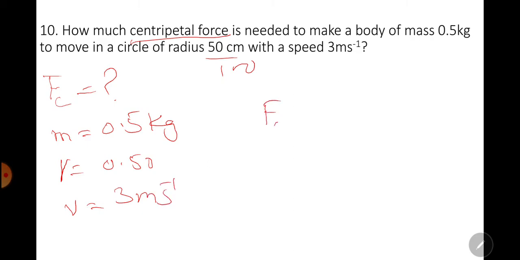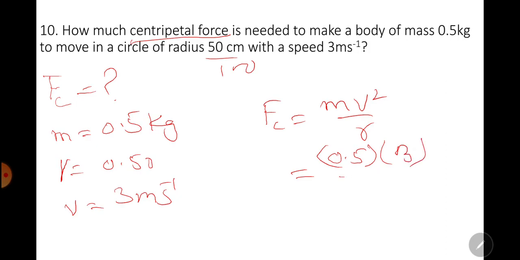Now centripetal force is equal to mv square divided by r, which is 0.5 into 3 square divided by 0.5, it is equal to 9 Newton.